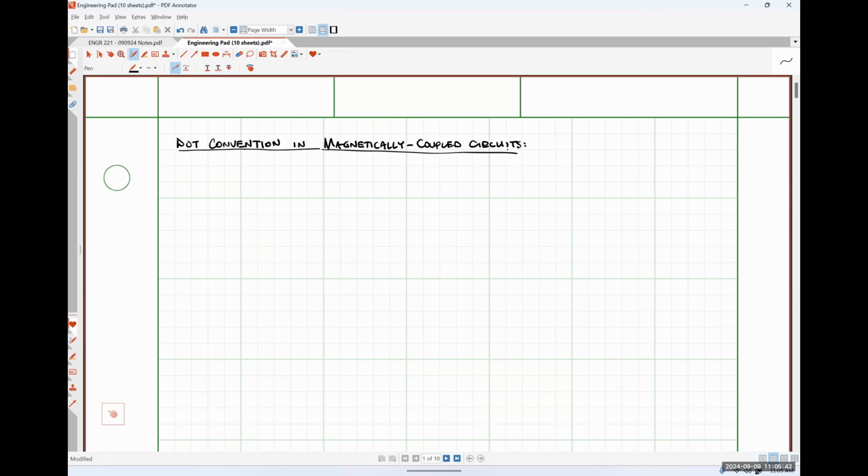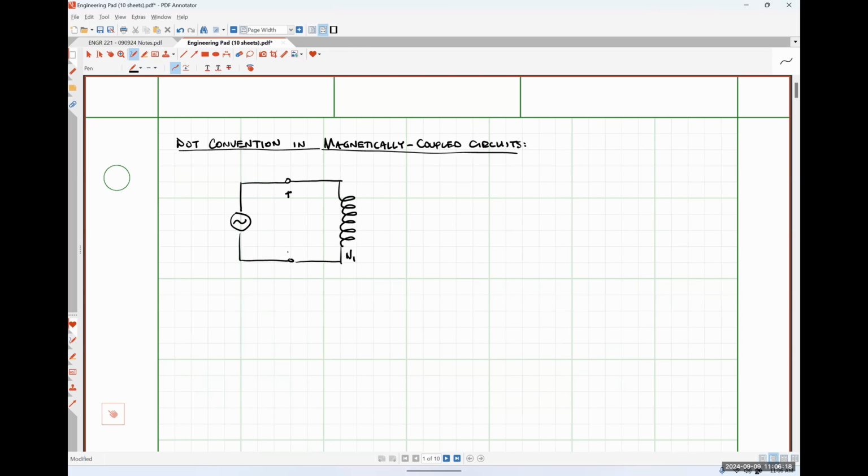All right, so I'm going to redraw our circuit from our last class meeting, wherein we had some sort of sinusoidal excitation applied across a pair of coils like so. So this coil has N1 turns, so this will be coil number 1.